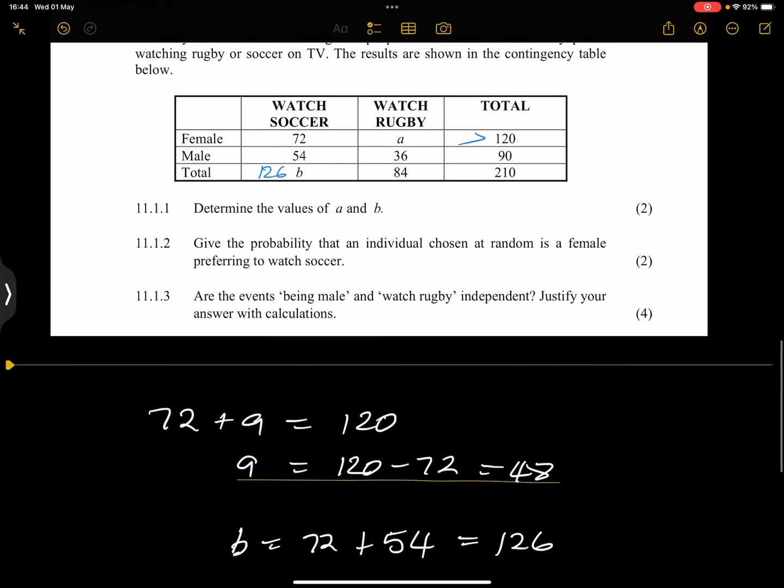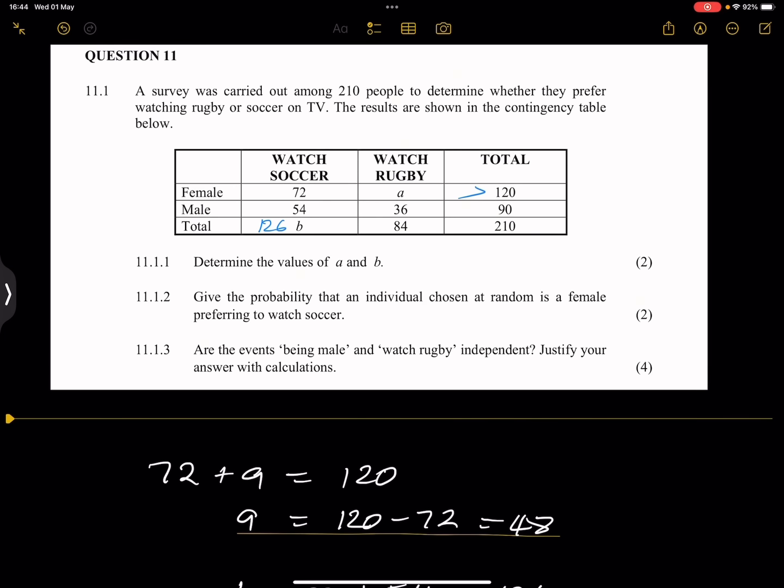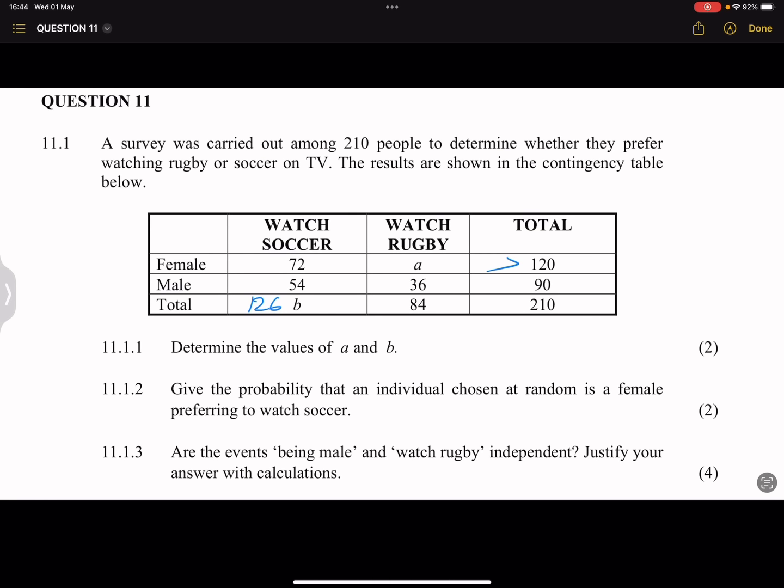Right, now they say to us, give the probability that an individual chosen at random is a female preferring to watch soccer. So we go on to our contingency diagram and say, well, where are the females? There they are, right? So we've got females, and females that prefer to watch soccer right there.